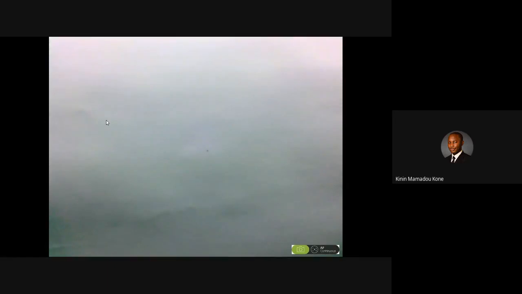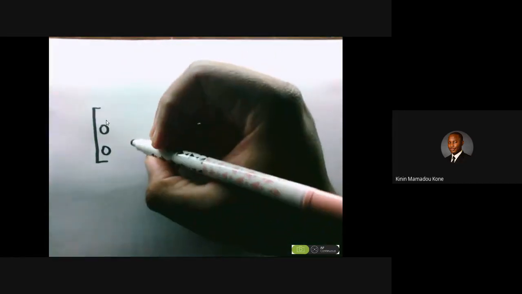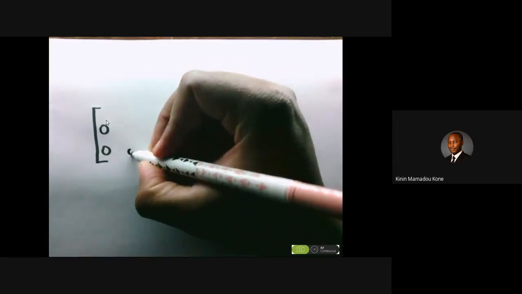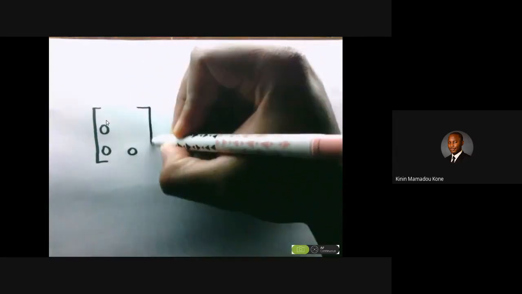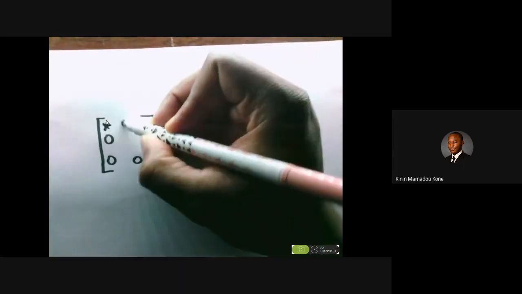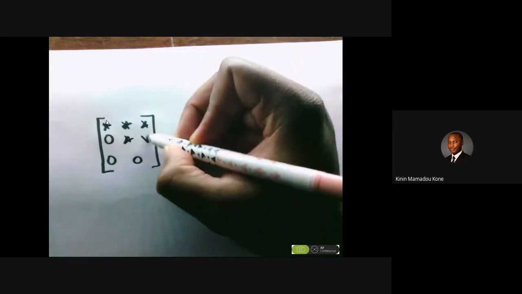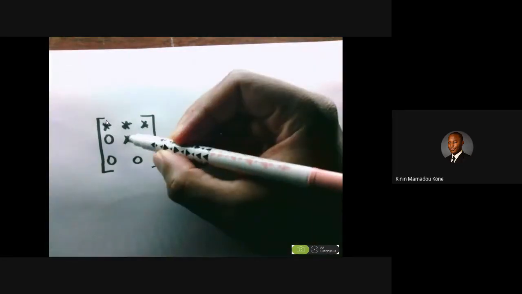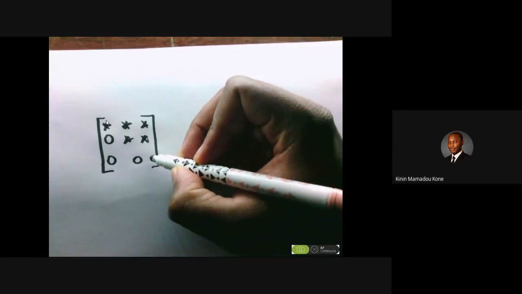So you have a matrix like this. Here you have 0, 0, 0. This is 0, 0, 0, and these are values, value, value, value, and another value over here.